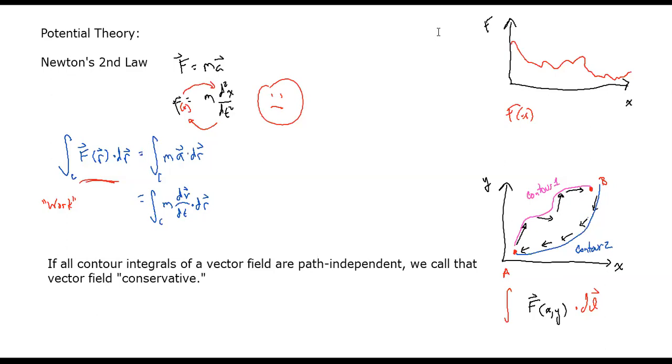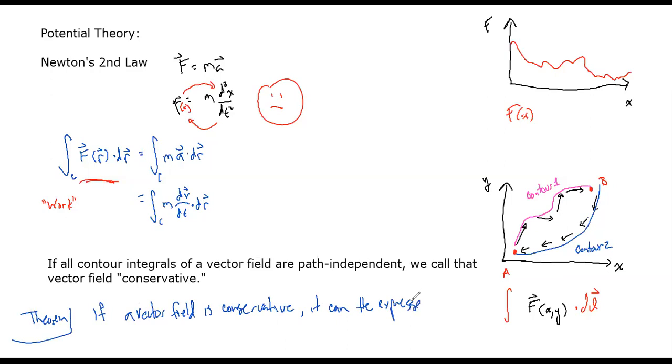So, yeah, you guys have the roster of forces. There's one extra thing that we can do, and this is going to be presented to you as a theorem of vector calculus. So I'll call it a theorem. If a vector field is conservative, it can be expressed as the gradient of a scalar function.